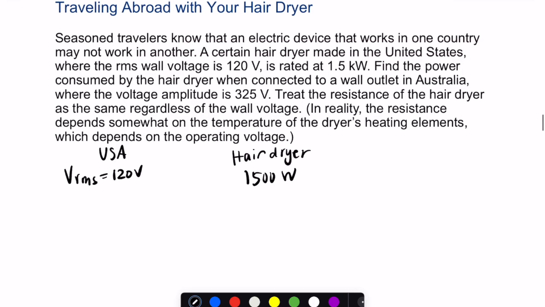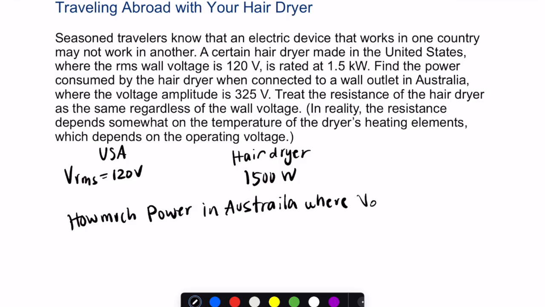And the question is, how much power is consumed by the hairdryer in Australia, where the V naught value is 325 volts? I'm using V naught because take a look at what it said: voltage amplitude.